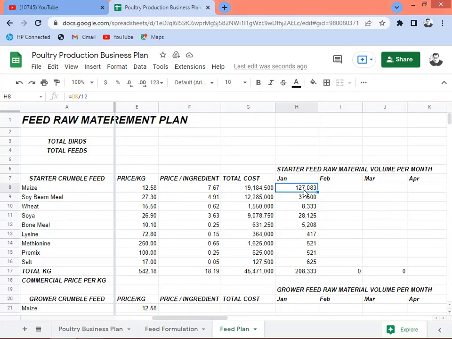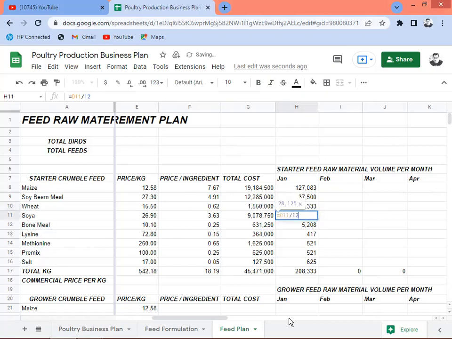So the cell location was D8, so we're gonna put an absolute cell reference there, F4, then enter. Then press F2 for edit, go to D9, that would be the cell reference, then press F4, enter. Then F2 for edit, go to the cell reference, then press F4 again.